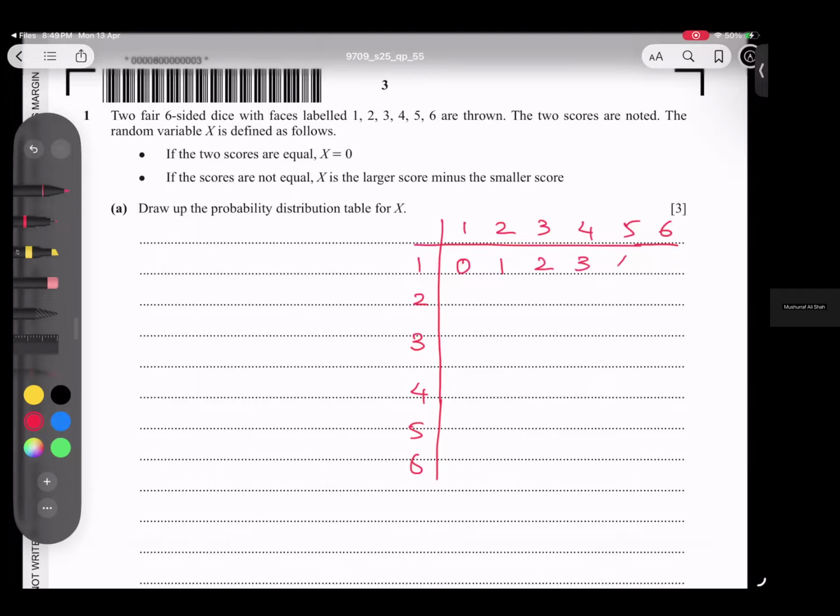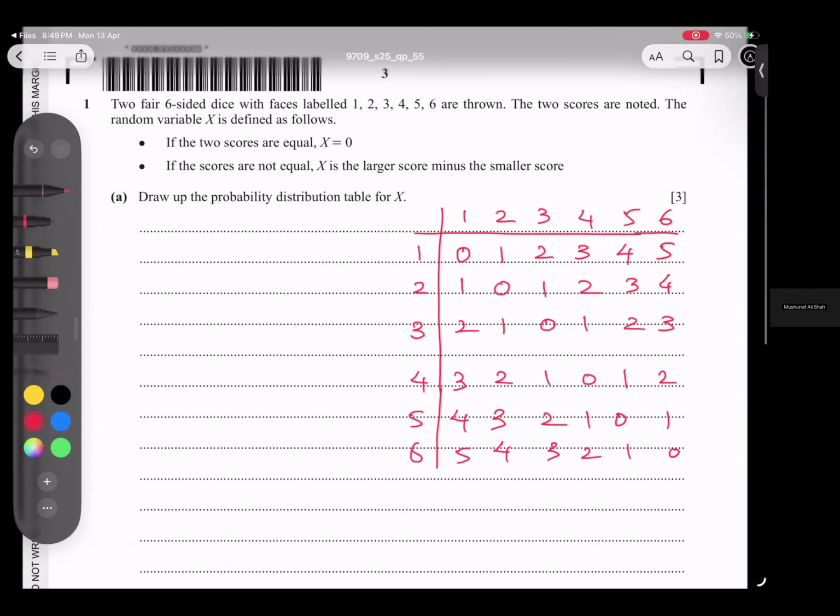Then 3, then 4, and then 5. 2 and 1, so 1 difference, 2 and 2, 0. 3 and 2, then 1 difference, 2, 3, and 4. And here 2, 1, 0, 1, 2, and 3. Here 3, 2, 1, 0, 1, and 2. Here 4, 3, 2, 1, 0, and 1. And here 5, 4, 3, 2, 1, and 0.